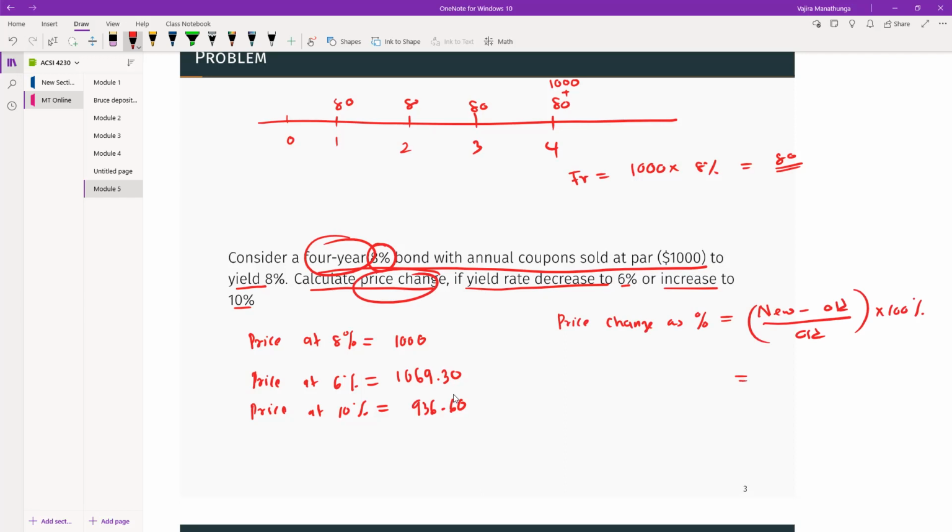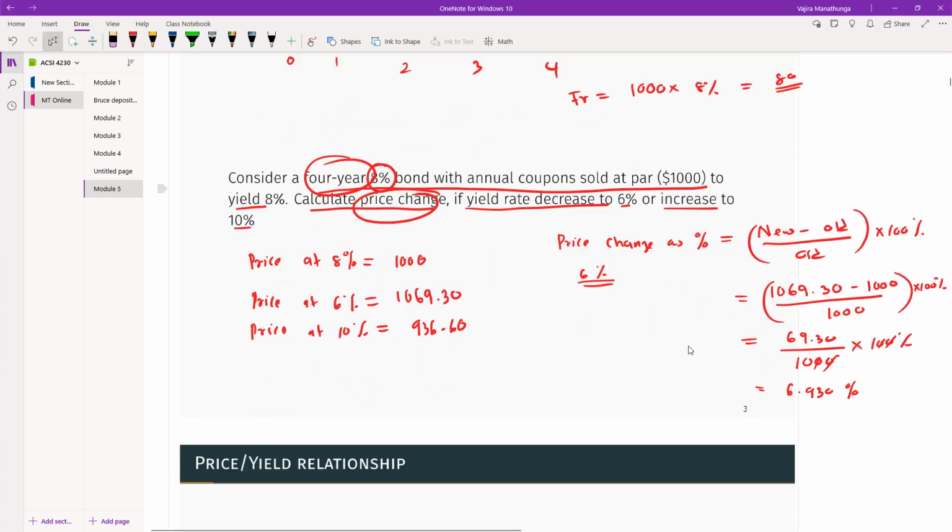So if I go to 6%, under 6%, it would be 1,069.30 minus 1,000 over 1,000 times 100%. So this one would be 69.30 over 1,000 times 100%. So you can say it's 6.930%.